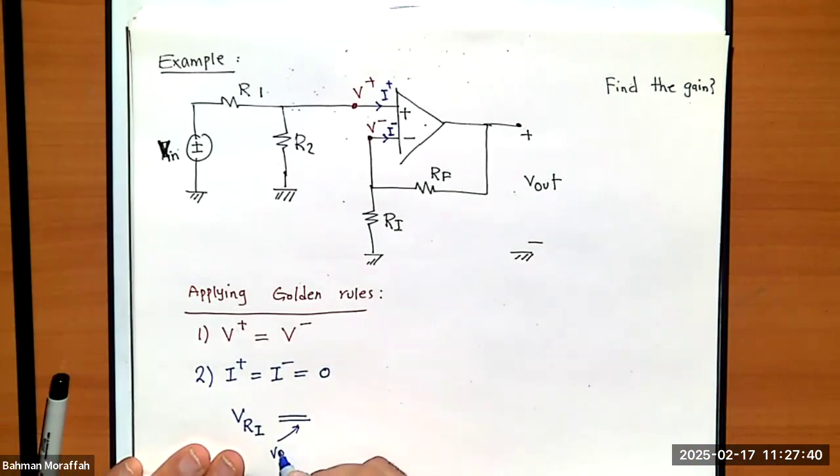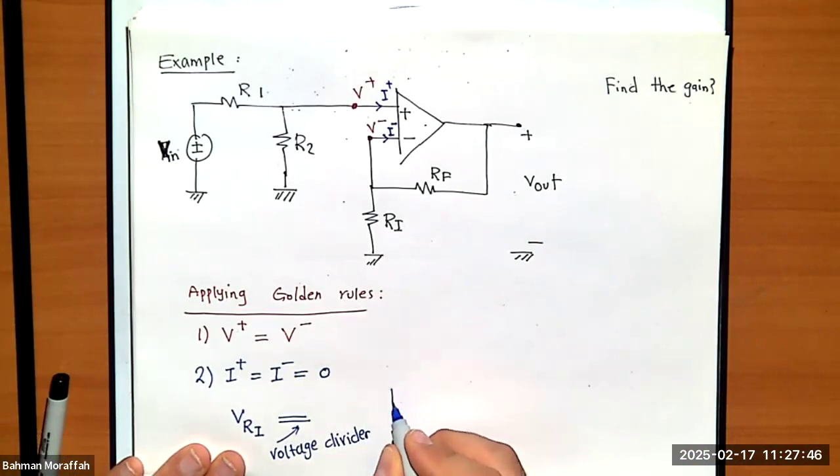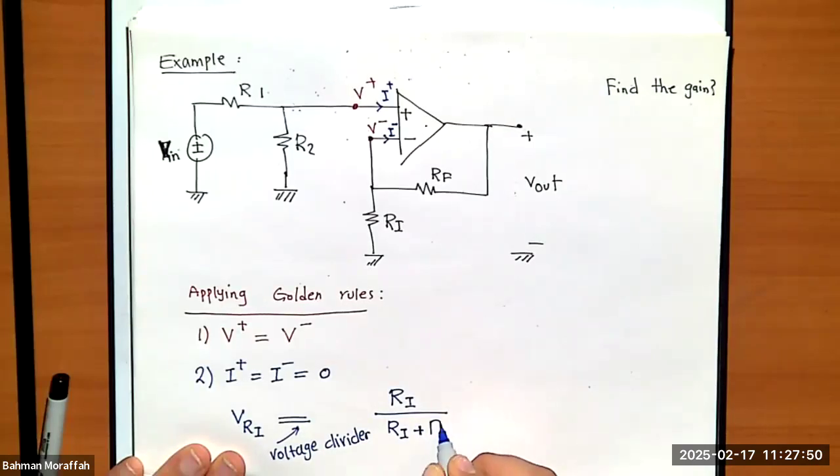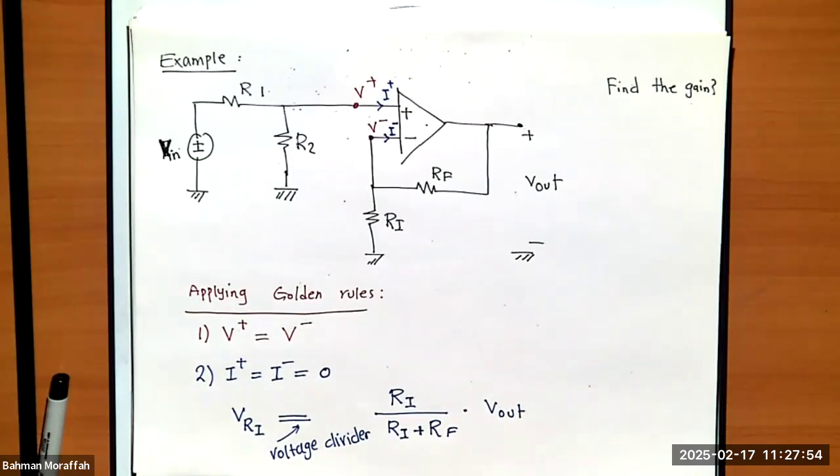It's a voltage divider. Which tells me that should be Ri divided by Ri plus Rf times V out. Right? So far, you with me? Does that make sense what's going on?